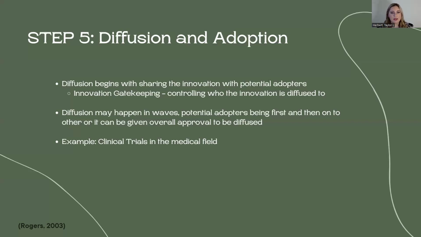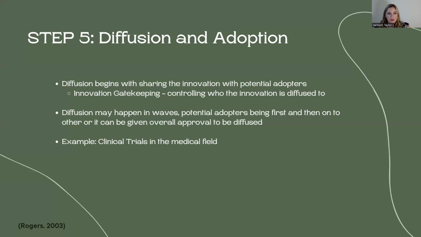So innovation gatekeeping is keeping your innovation and your product a little bit disclosed. Not everyone knows about it yet, but a pool of people who probably will latch onto it do know, and then from there it can go wider, instead of it dying with just a broad diffusion.